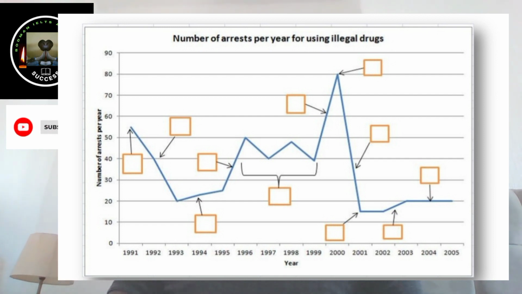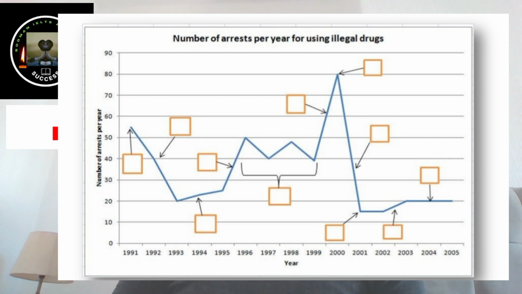Another one is peaked at, P-E-A-K-E-D, peaked at. Peaked at is used when the highest point on a line graph is reached. You can say the number peaked at so figure.